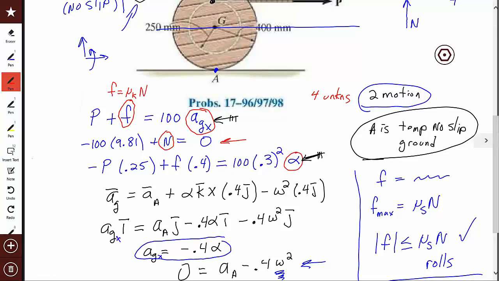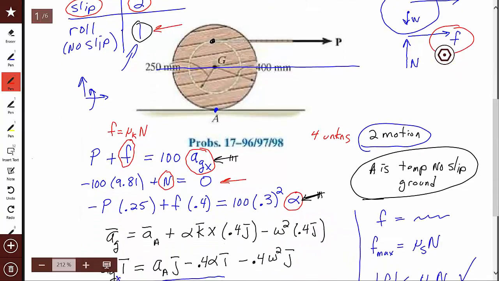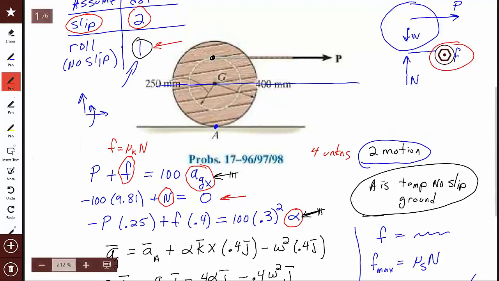The only thing that you'd have to worry about is to take a look at whether your friction was plus or negative, and that would tell you whether or not you drew the friction force correctly. So you just make sure that you have it pointing in the correct direction, because now you know the number for it, and so you better also have the right direction. So just pay attention to that.